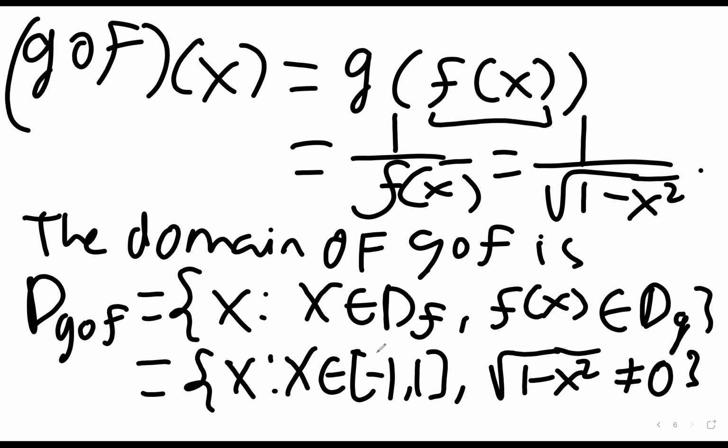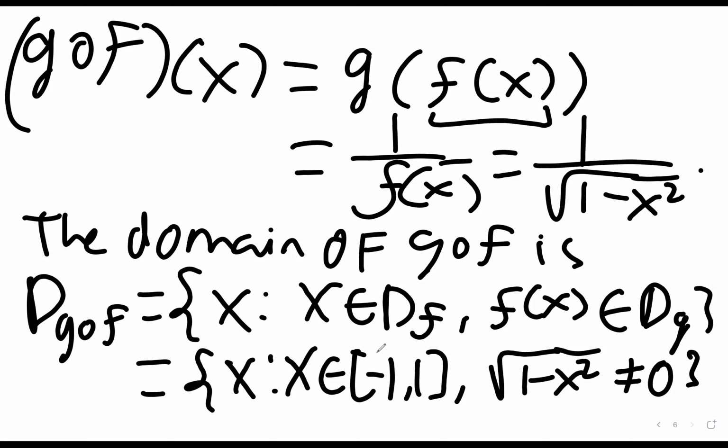So if you combine these two conditions, then you will have x is in between minus 1 and 1, but square root of 1 minus x squared is non-zero. And you'll see that square root of 1 minus x squared is 0 if x equals minus 1 or x equals 1.